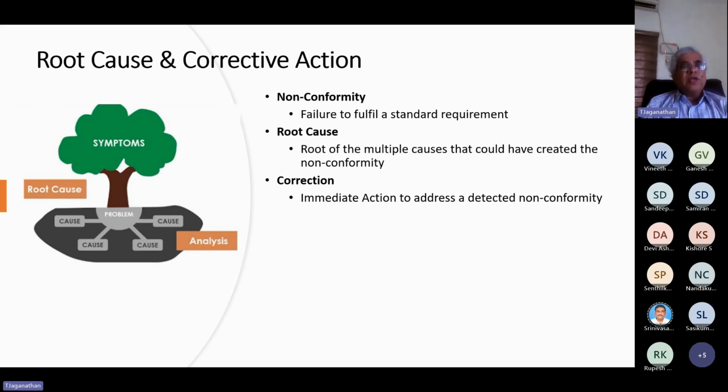Okay. If you do anything else, like correction, an immediate action to address it, you are fixing something that is only a correction, but you have to do the correction. It's not that you should not do the correction.